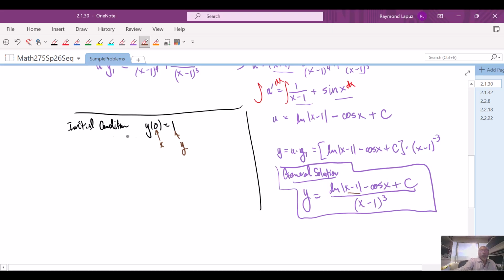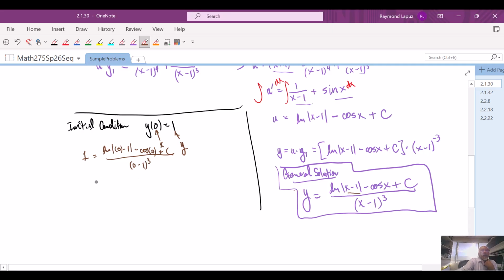So to use this initial condition, we will take the general solution, put 1 in for y, and then we're going to put 0 in for all those x's. And we have cosine of 0 plus c unknown, and then 0 minus 1 to the third.